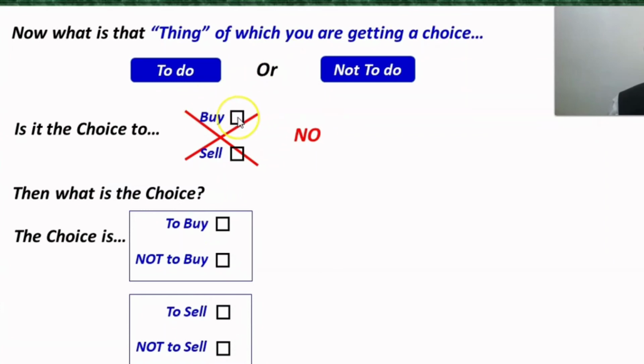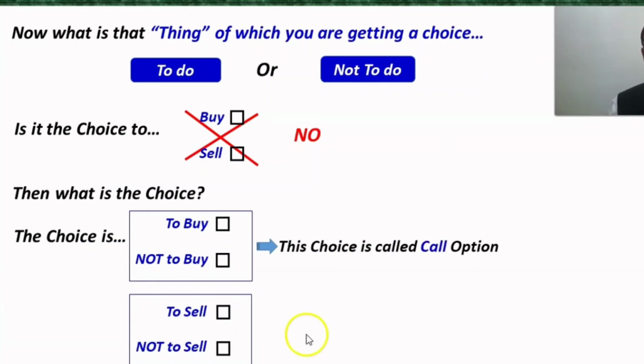Here, the choice which you are giving a person is either you have to buy or you have to sell. But in the stock market, it is not so. When you trade in options, it is not so. The choice is whether you want to buy or you don't want to buy. And the second is whether you want to sell or you don't want to sell.